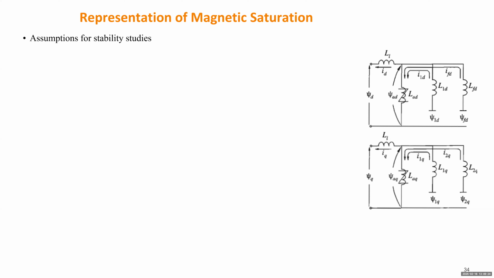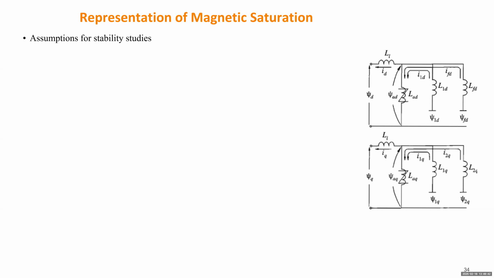Okay, so which means the two equivalent circuits still have the good structure, but we need to assume those two inductances, LED, LEQ, will be changing with the field current, will be a function of the field current.